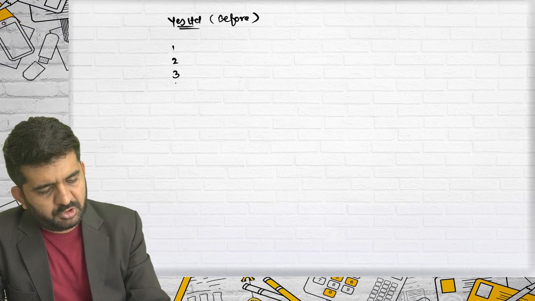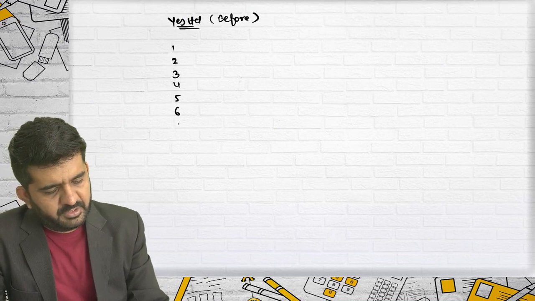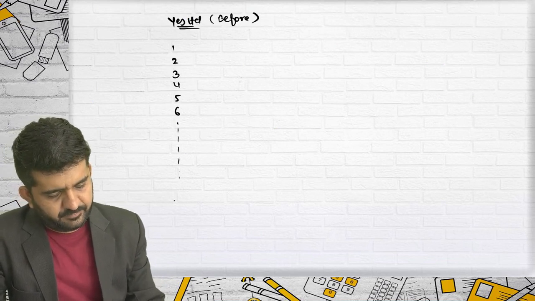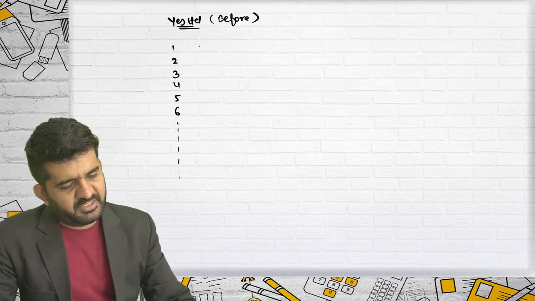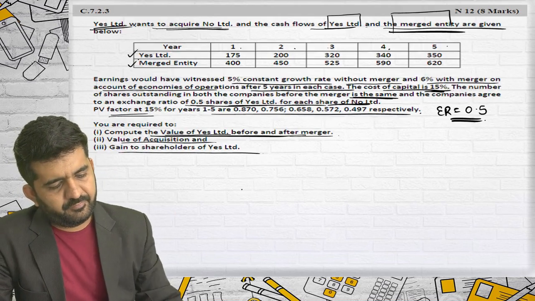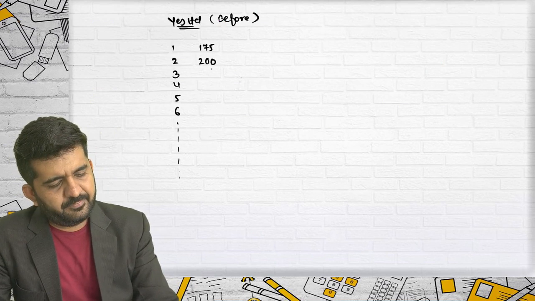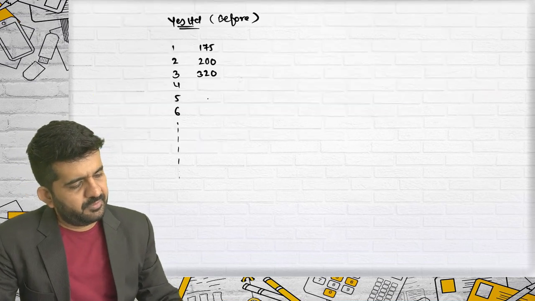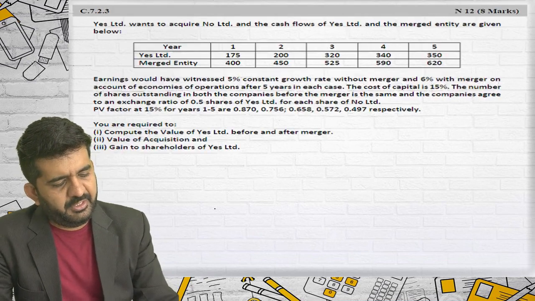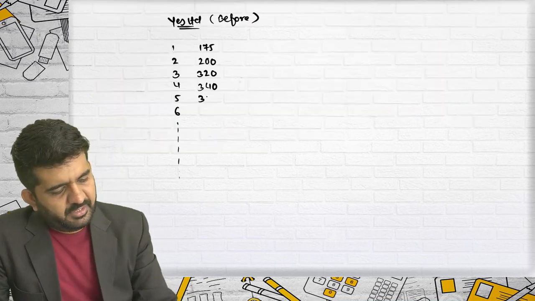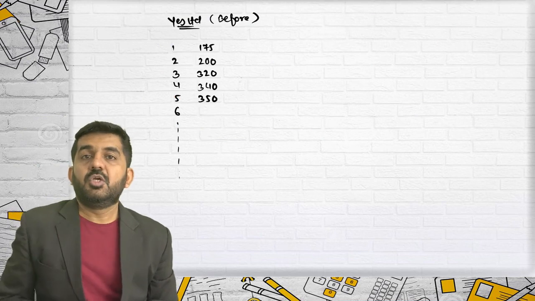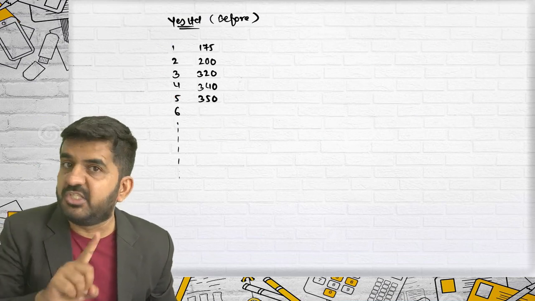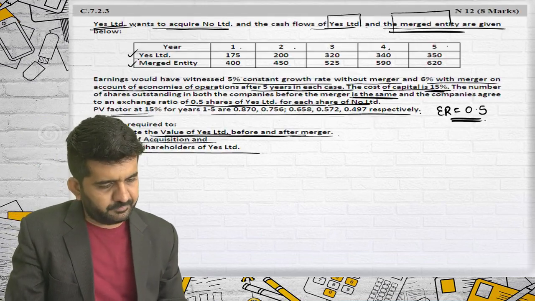1, 2, 3, 4, 5. The cash flows are 175, 200, 320, 340 and 350. Sir, from the 5th year, cash flow is 0?